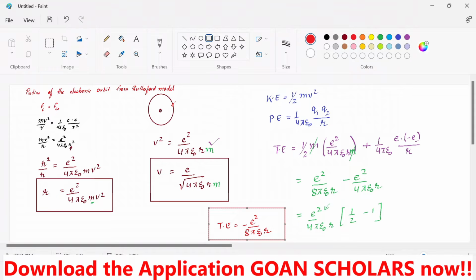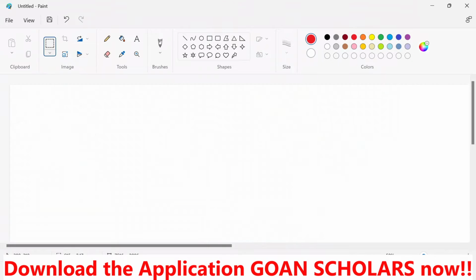This is the first derivation in the chapter Atoms. Let's move to the second derivation. Our second derivation is energy due to the Bohr model of the atom. We have just found the energy due to the Rutherford model, so let's write the expressions we got.